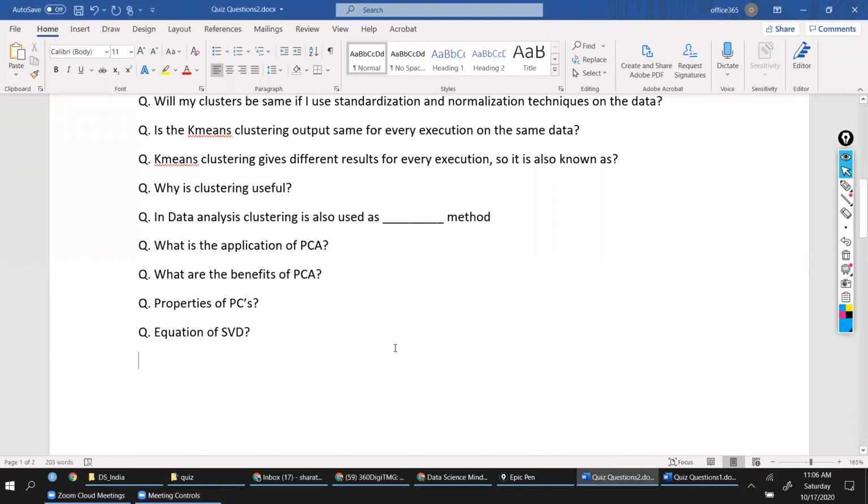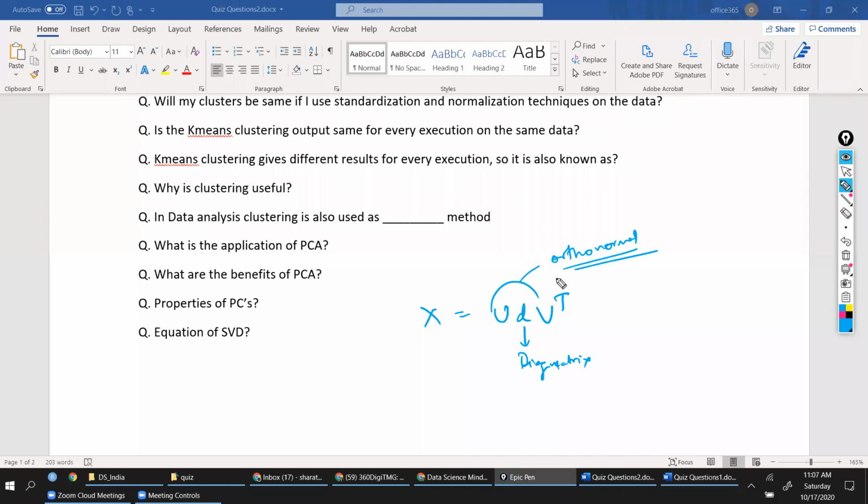SVD is singular value decomposition, and the formula of the SVD technique is X is equal to U D V transpose, where D is a diagonal matrix, U and V are orthonormal matrices.